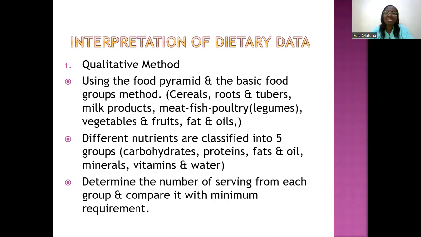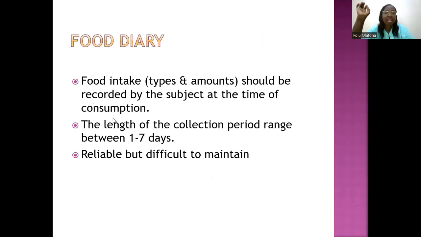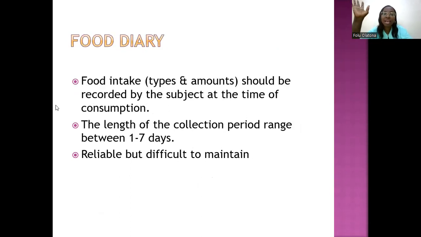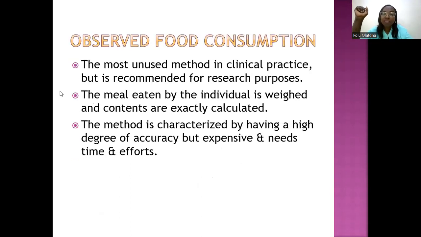Anyway, for this course, just note that those 5 methods are used to measure diet: the 24-hour diet record, food frequency questionnaire, diet history, food diary, and observed food consumption.